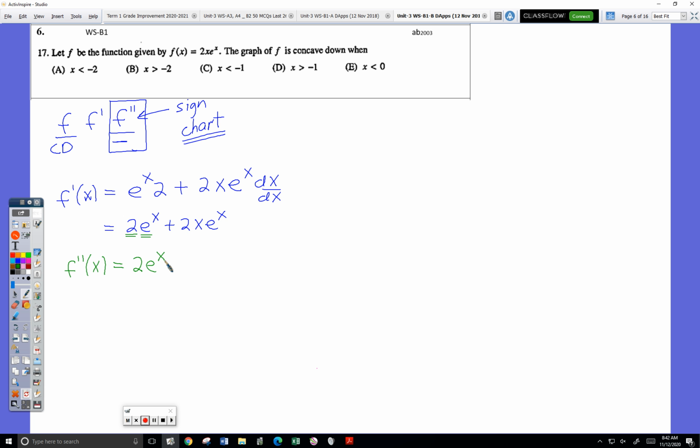Cool. Plus, this is the product rule again. But wait a minute. I just found that derivative. It's right here. Going to write that down. If you need me to talk through that, wait.